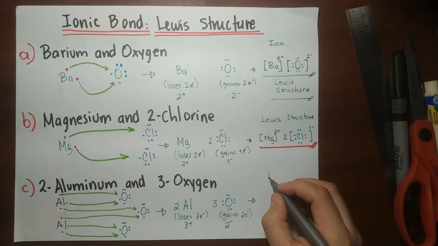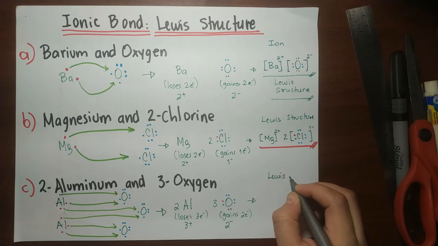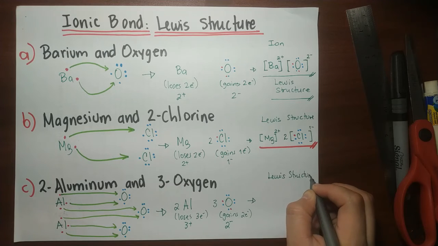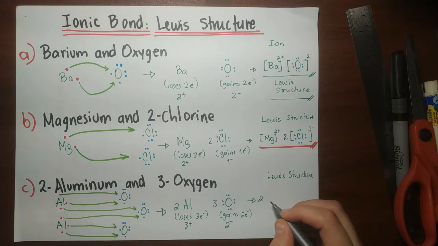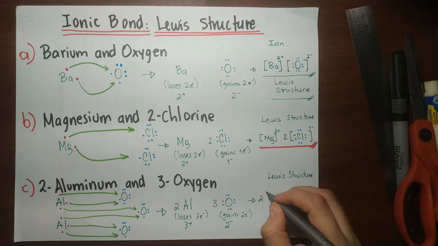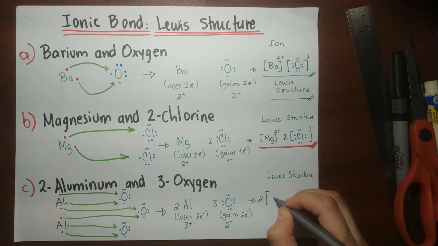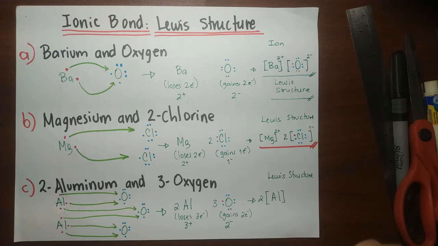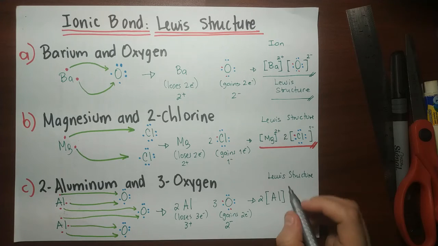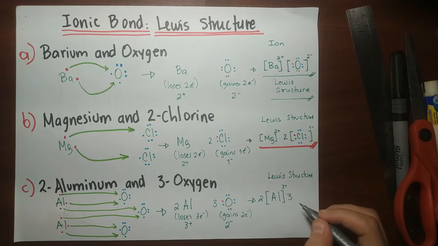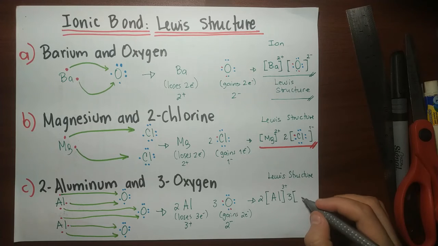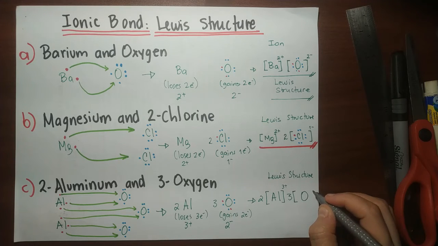And now we build a Lewis structure. So it's going to be 2 outside the brackets, open brackets, write aluminum inside, close the brackets, the charge 3 plus, and now the number of oxygens, you have 3 oxygens, open bracket, write the oxygen there, close the bracket, and write a charge.